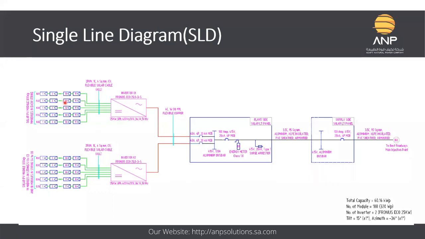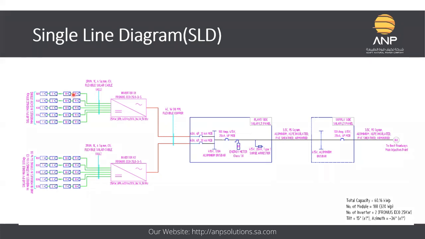The DC power is generated by these modules, and that power is fed to the inverter by means of 4 square mm cable. So the data you can get from the single line diagram is what the components of the system are. For example, in a solar PV system, the main components are the module, the inverter, and the electrical system like the LT panel and breaker.